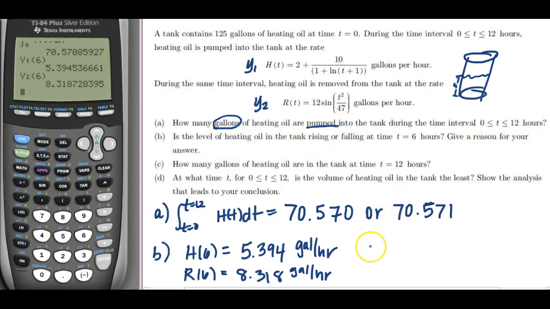So a reason for my answer is because R of 6 is greater than H of 6, the oil level is falling. And that's all we would need to state. So this portion here is our justification, because 8 is more gallons per hour coming out than 5, which is the gallons per hour that are coming in right at 6 hours.